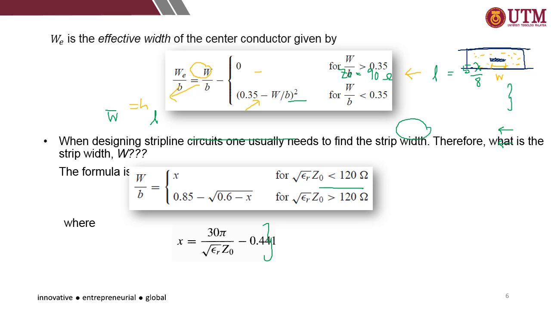We can estimate W over B, the ratio of the width to the height or thickness of the structure, by using this, in which it depends on the characteristic impedance and epsilon r, the relative permittivity of the structure. If it is less than 120, the ratio of the width to the thickness equals x, in which you can calculate x using this equation.